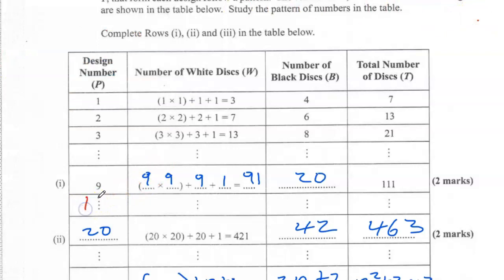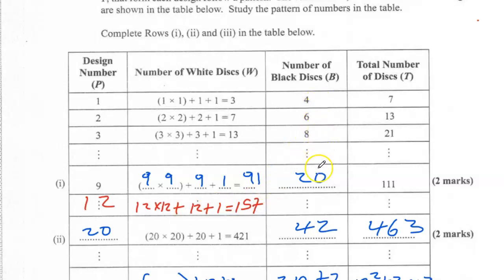If I'm using design 12, the number of white discs will be 12 times 12 plus 12 plus 1. Now 12 times 12 is 144, plus 12 is 156, and plus 1 is 157 white discs needed.